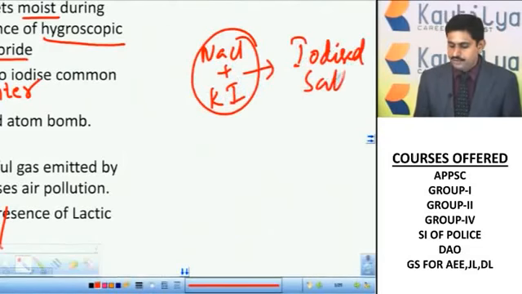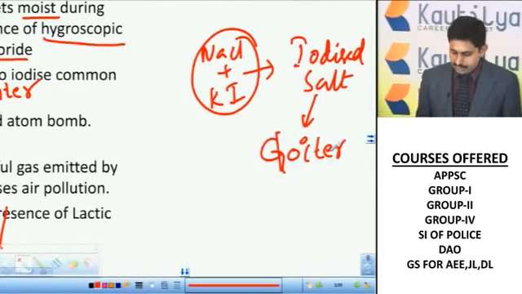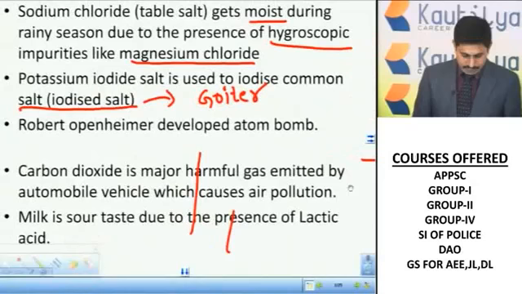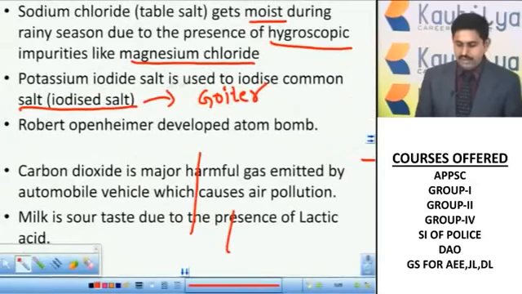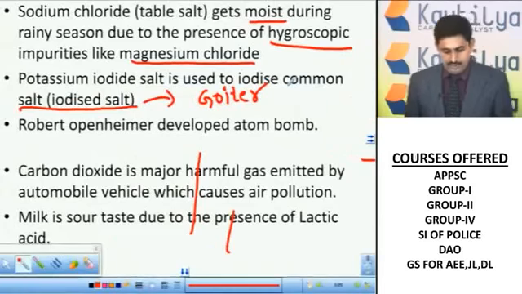This iodized salt is generally used nowadays to avoid goiter, right? Goiter is because of deficiency of iodine only. Okay, now we'll see. Potassium iodide salt is used to make common salt iodized.